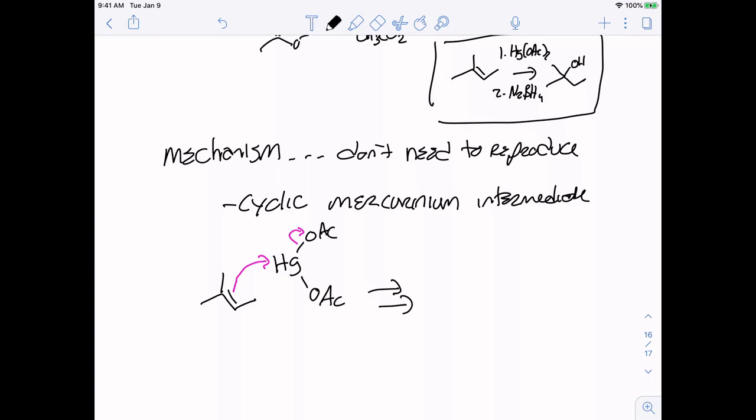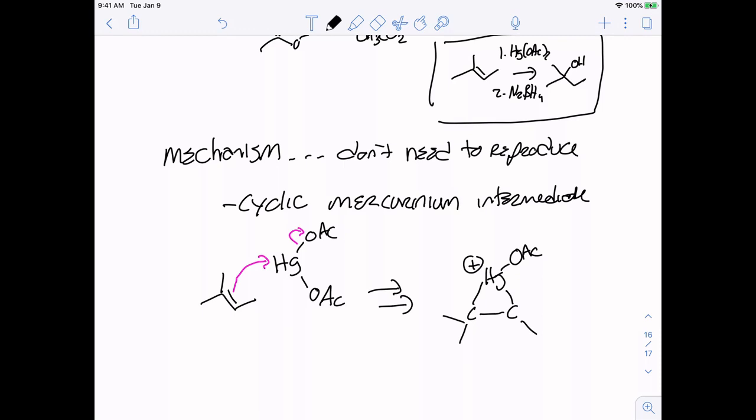What's happening then is the mercury is kind of coming back and we're forming that cyclic intermediate. So similar to what we had with our halogenation and halohydrin formation, I have that bridged ion intermediate, and then I still have the 2 groups here, and I have 1 group here. I have a positive charge.